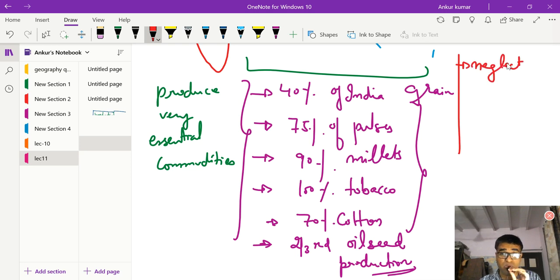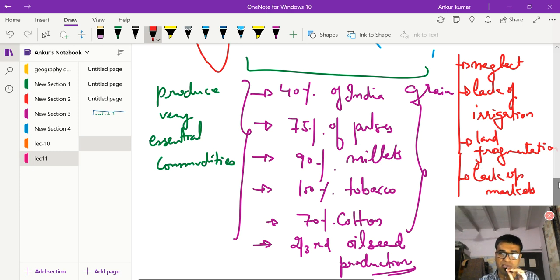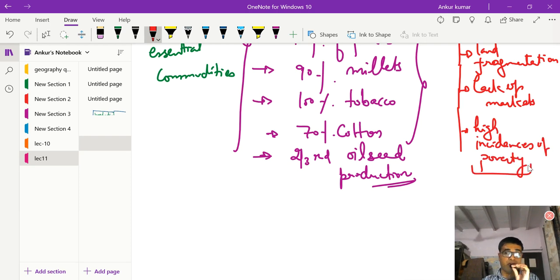The problems are the neglect by government policies, the lack of irrigation facilities, land fragmentation, lack of markets, and high incidence of poverty in this region. So these are the problems of these regions.